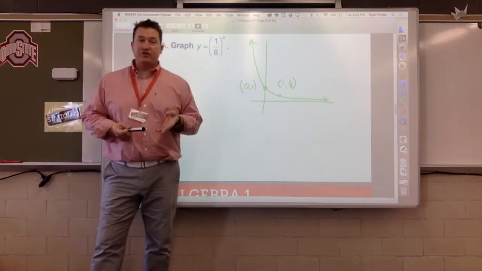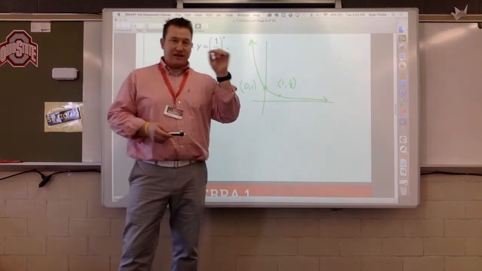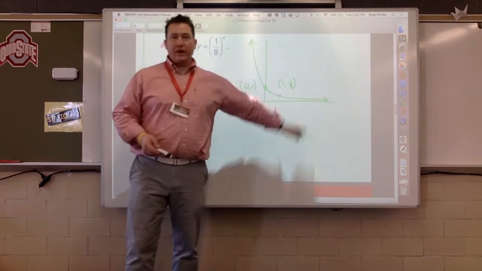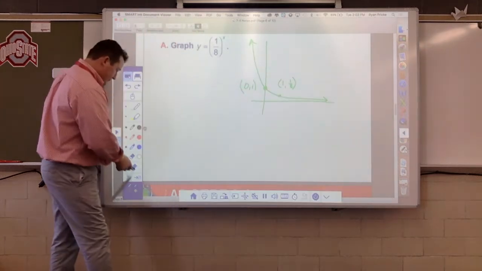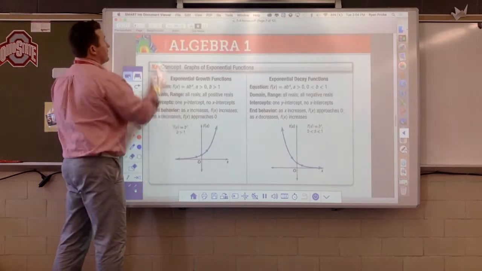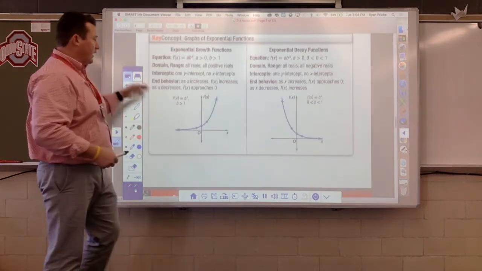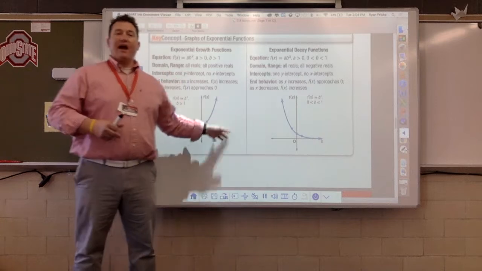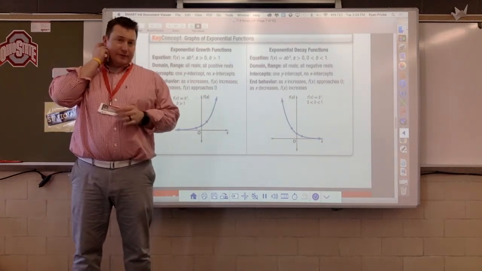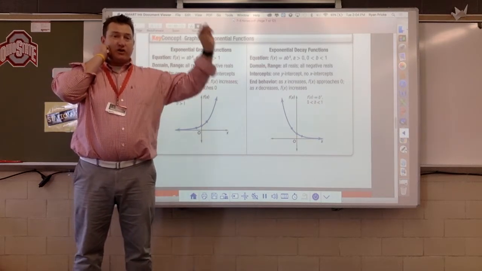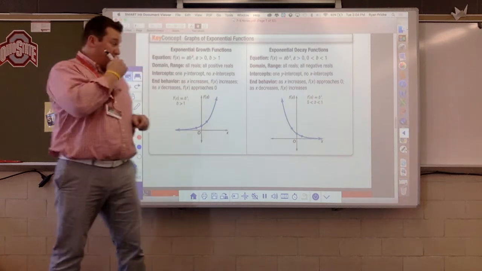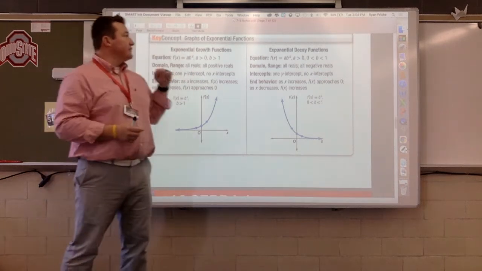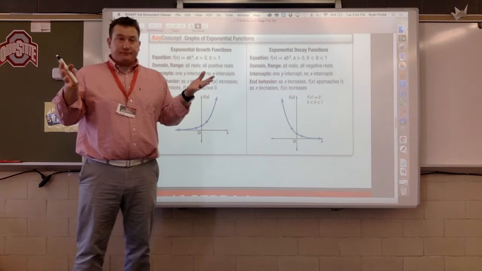Again, this is an exponential decay function. It's decreasing, going downhill. Read it like a book, folks. If we have a graph, I'm betting you're pretty good at recognizing increase or decrease. But what if we just give you the function itself?